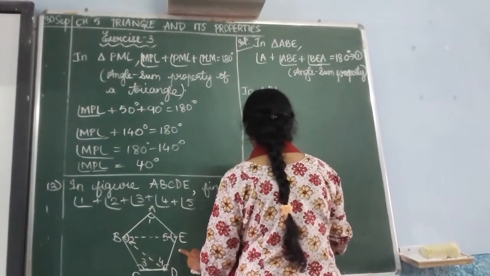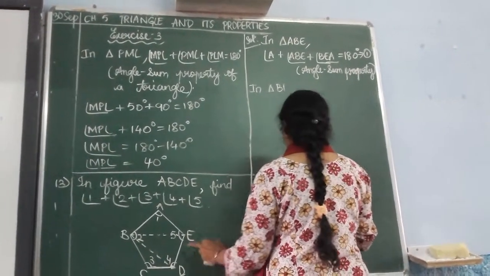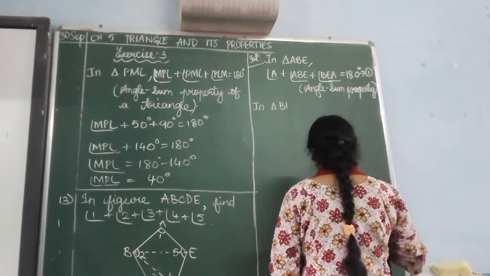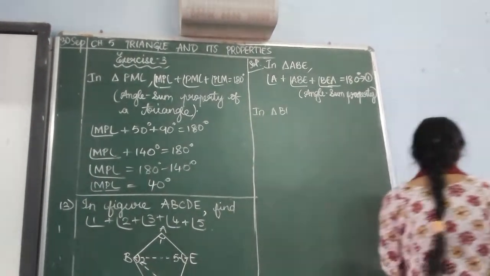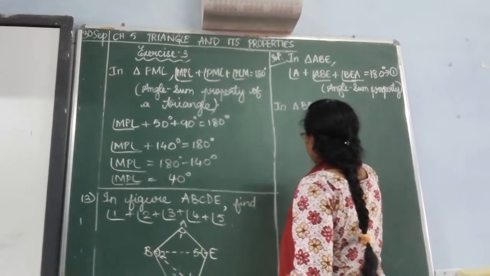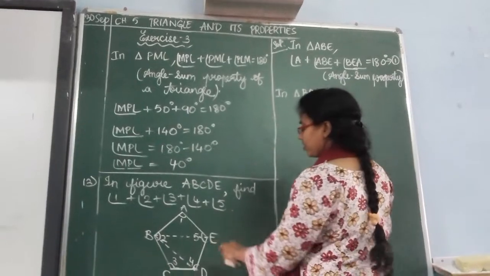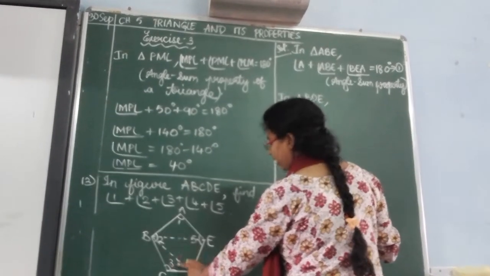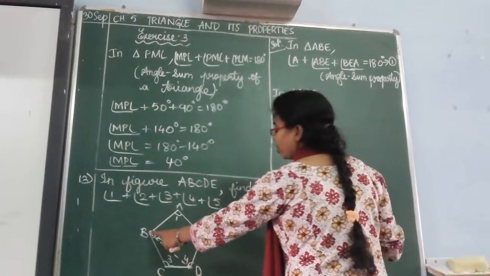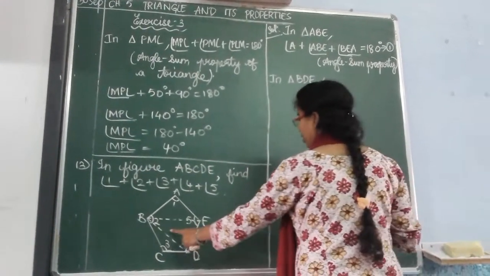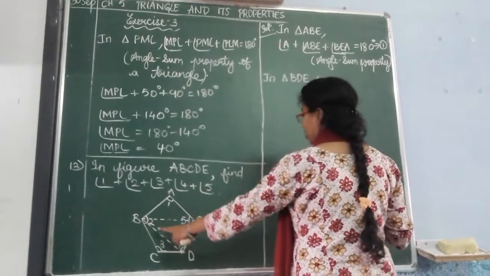Now let us take the second triangle, which is BDE. In this triangle, we see that both are dotted lines only. So whichever vertex we are showing, we have to represent in 3 letters. Okay.